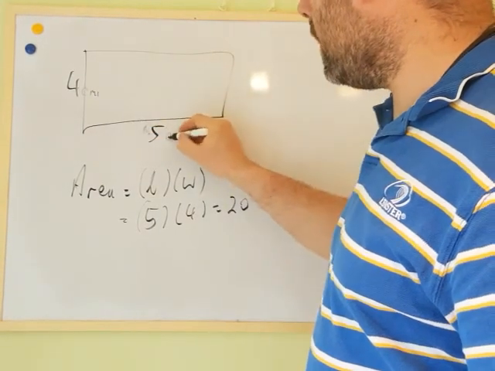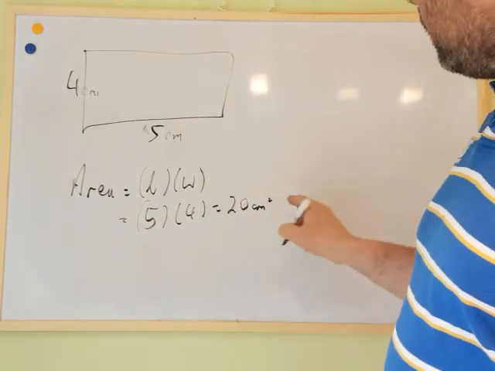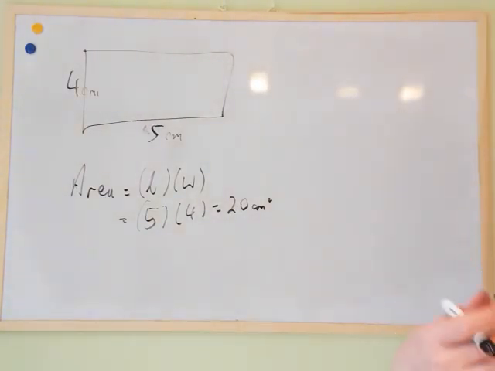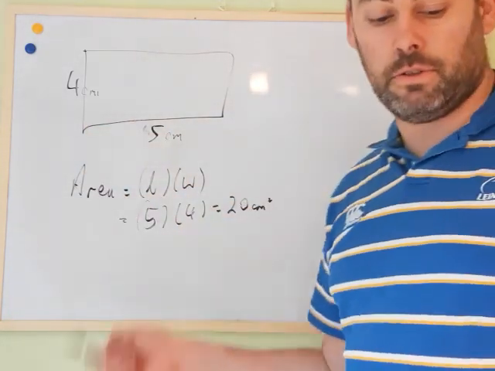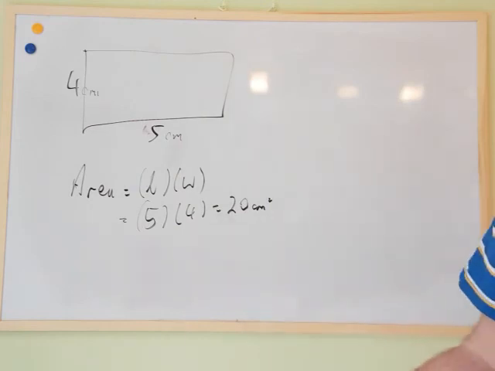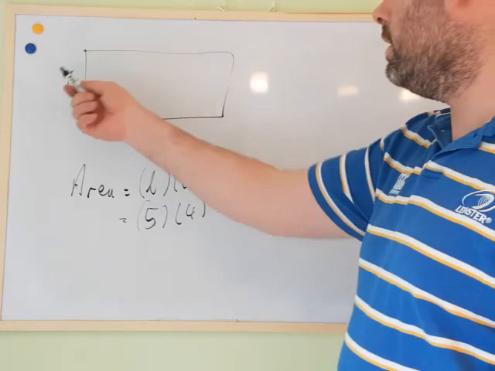If these units were centimeters, it would be 20 centimeters squared. Now this squared, the power of 2, represents the fact that we are dealing with area. We're dealing with 2 dimensions, okay? If you forget to put that in a question, you're going to lose marks because your answer is technically wrong, okay? So whenever I want to get the area of a rectangle, the length by the width.